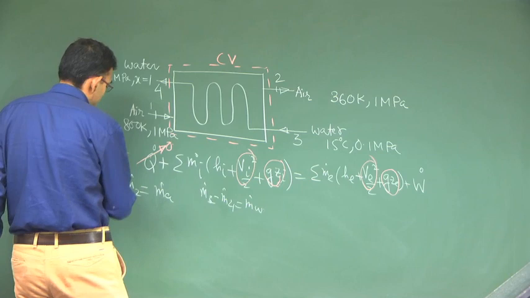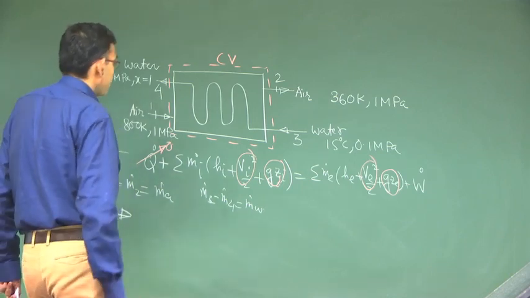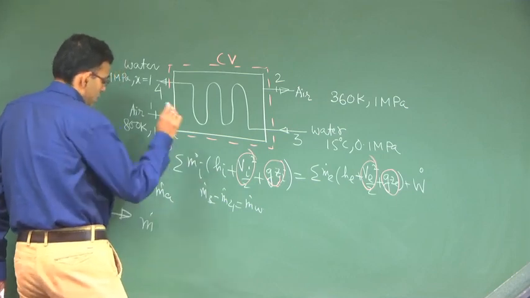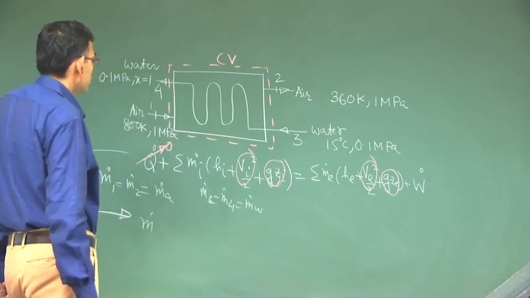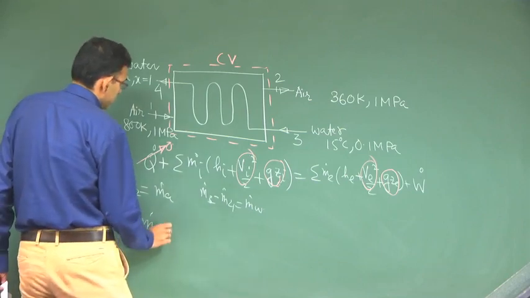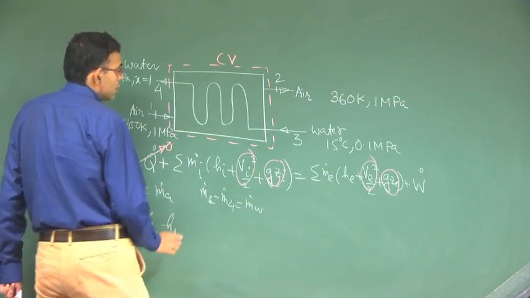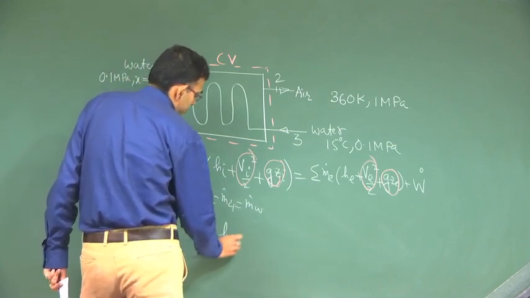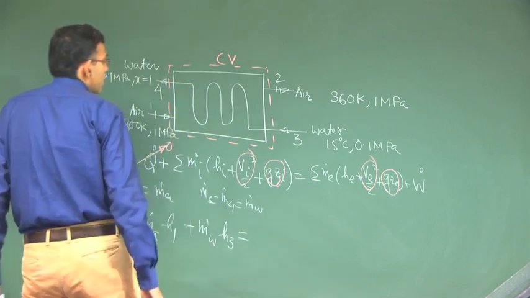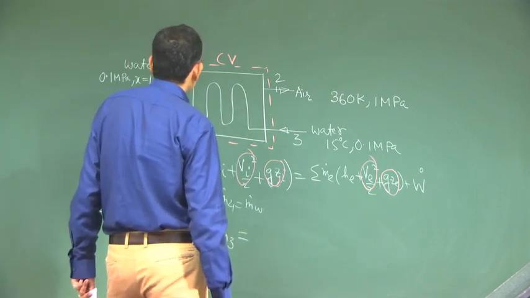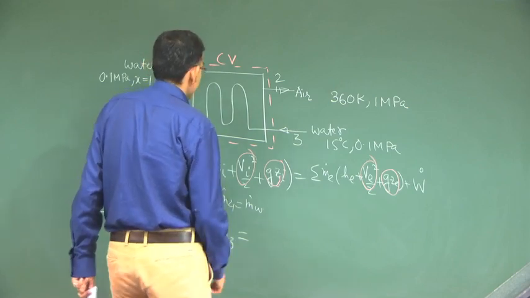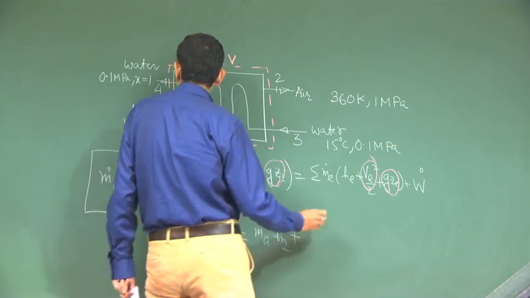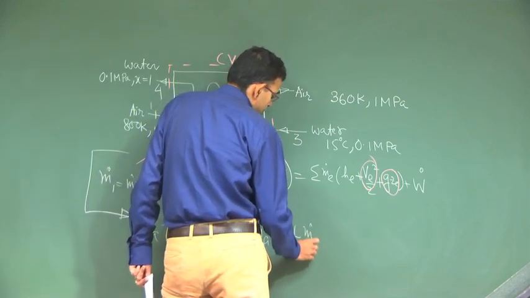So, from this equation you can write m dot air into H1 plus m dot water into H3 is equal to m dot air into H2 plus m dot water into H4.